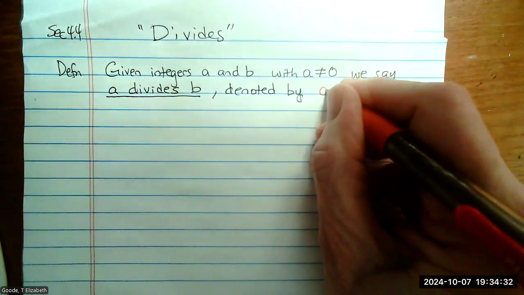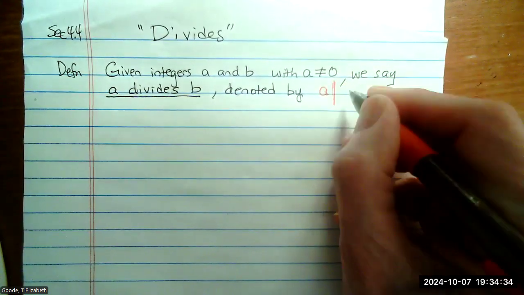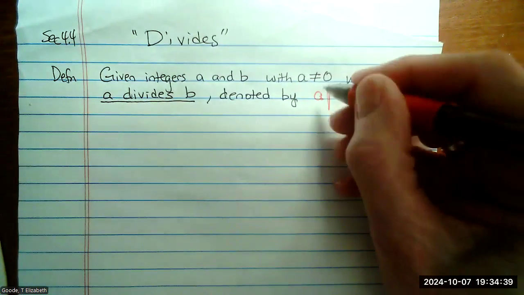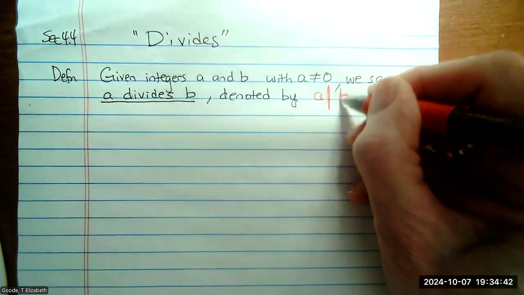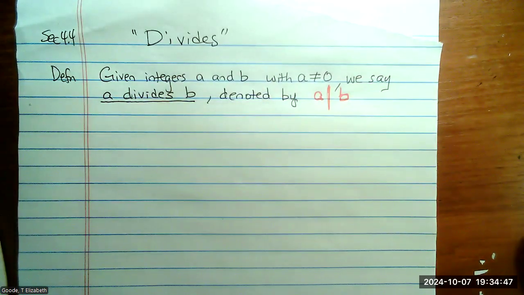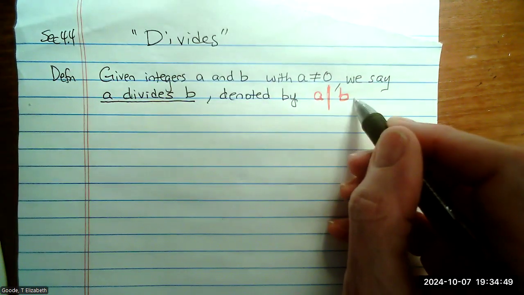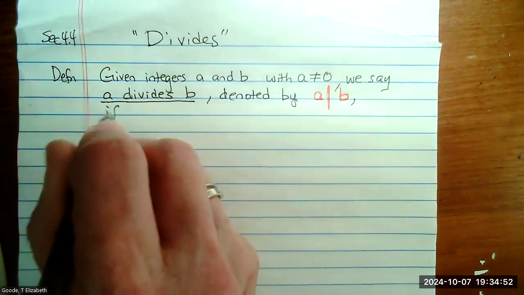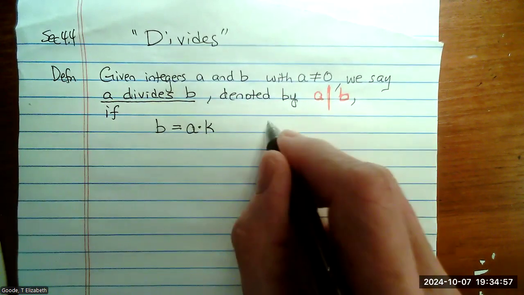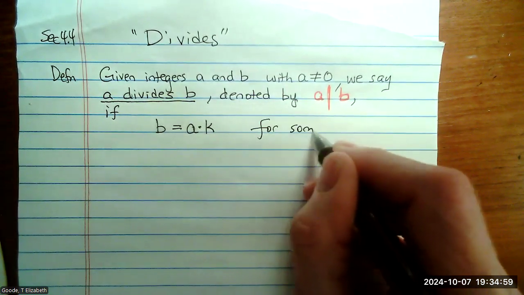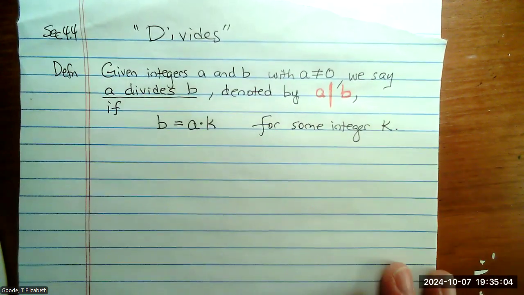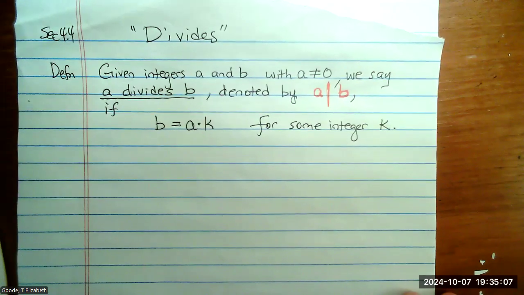It's a with a perfectly vertical line, b. A vertical line b. This is a statement that a divides into b. You can insert the word into there in your mind if you need to. If b is equal to a times k for some integer k. That's the definition that a divides b.